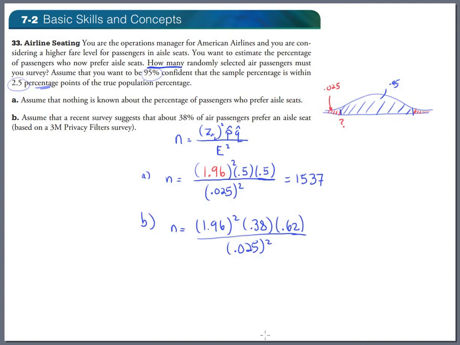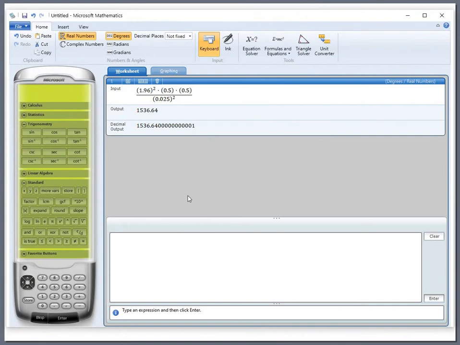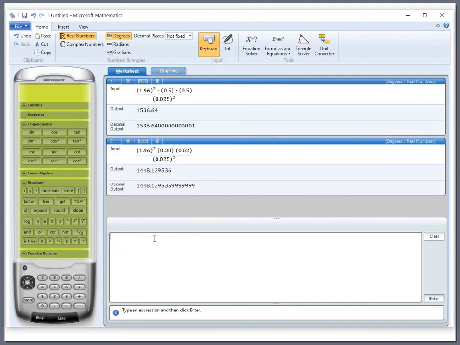So essentially the same formula, we just need to make a small modification. So let me change this to 0.38 and change that to 0.62. And now, with a little more information, we can use a little bit smaller sample size of 1,449.